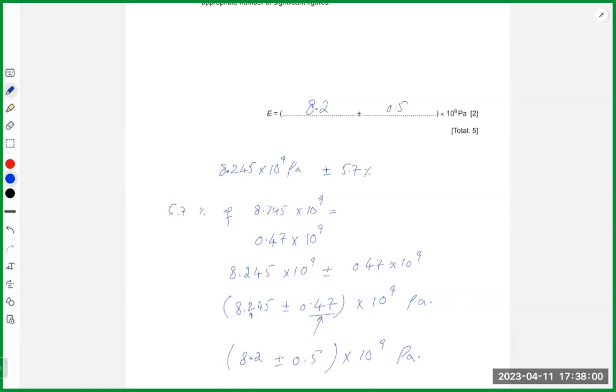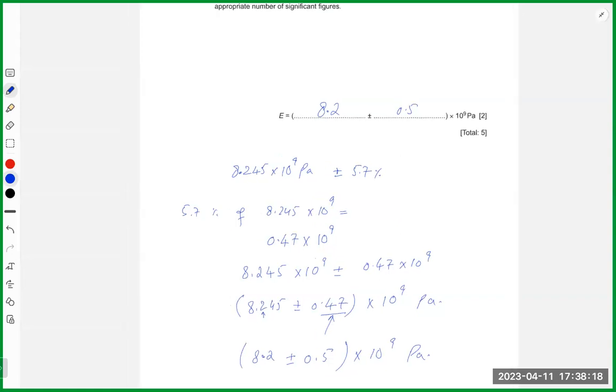But this is better. Always round off the absolute uncertainty to one single figure, and control the number of decimal places in the normal quantity based on your uncertainty. So this is question number one.